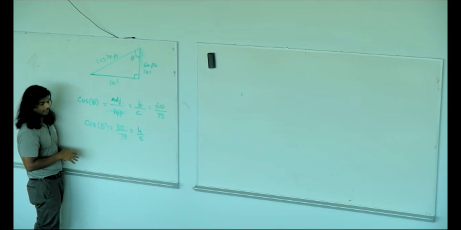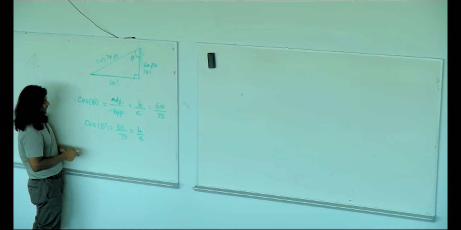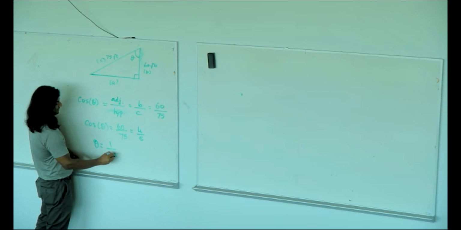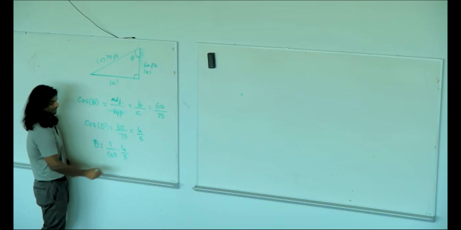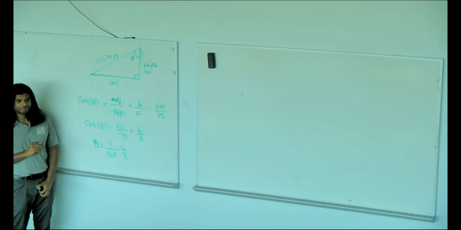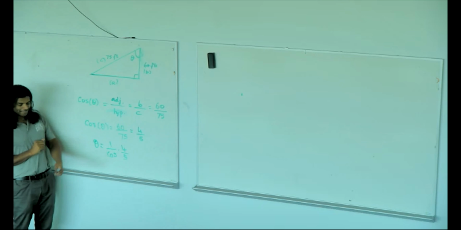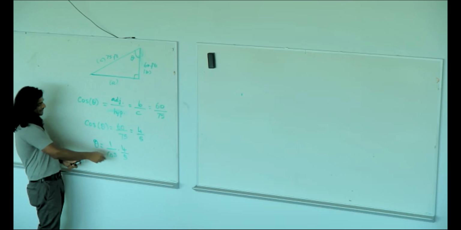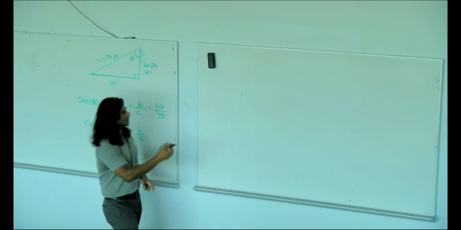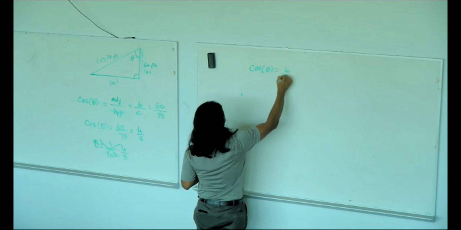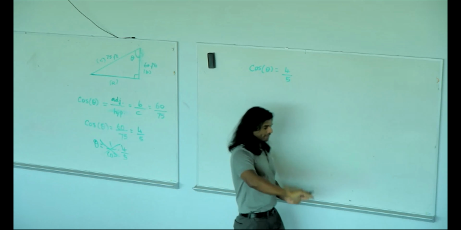Formally, someone did this. That's like saying, I'm a person, I'll just take my head and throw it away. You can't do this. So cosine of theta is 4 over 5. How do we get rid of cosine?